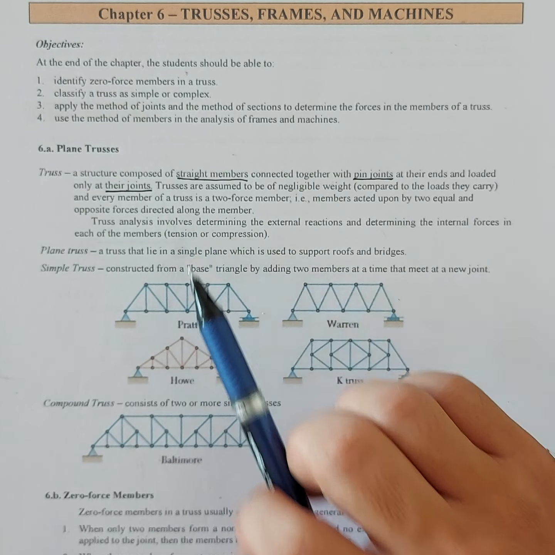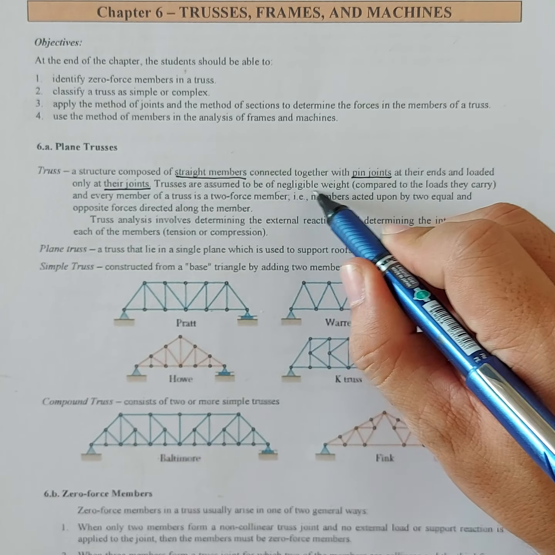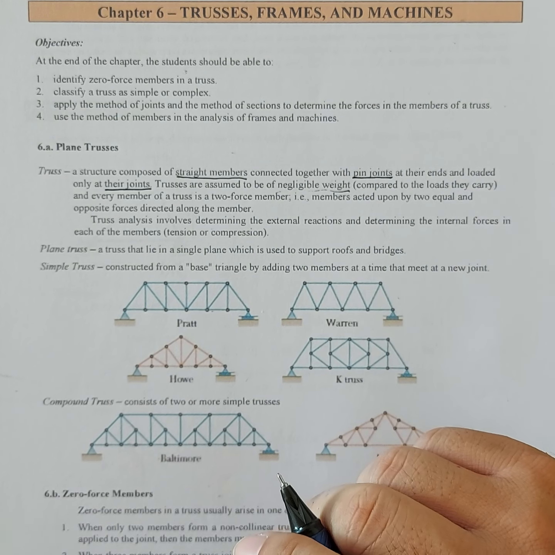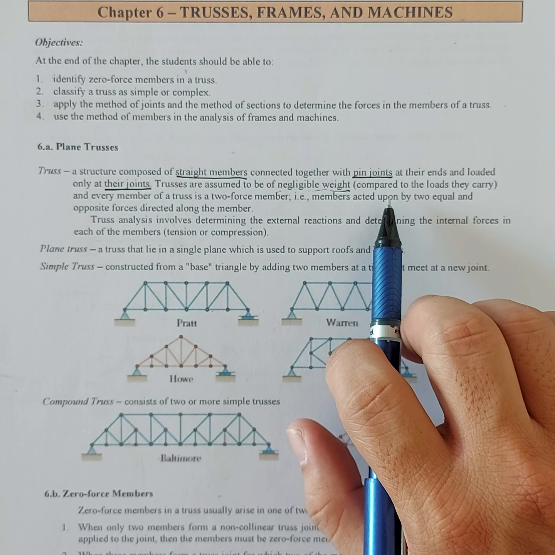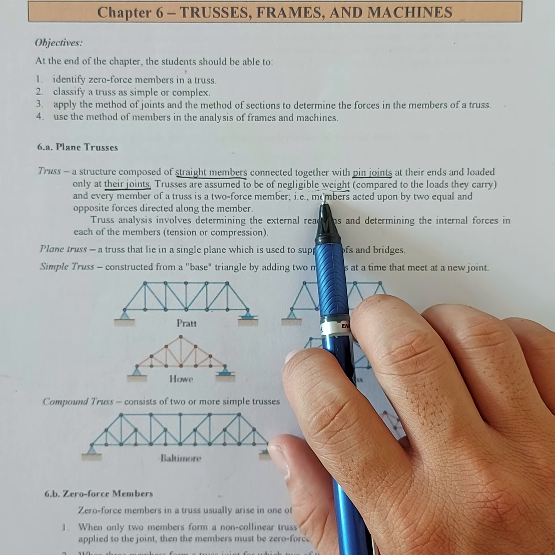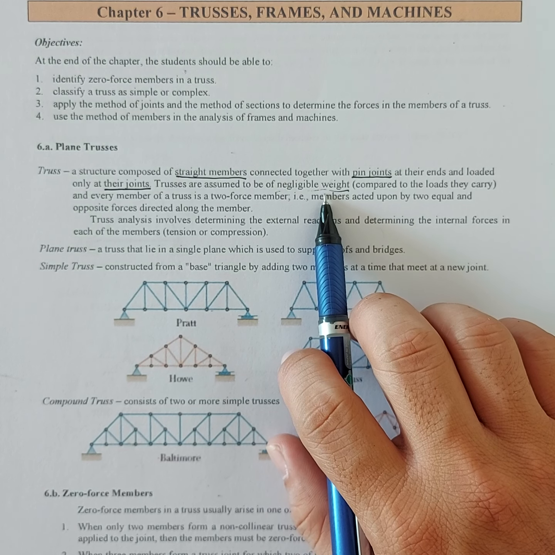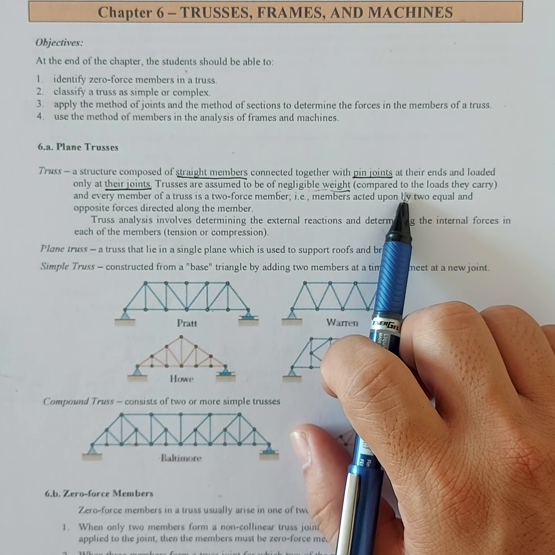So trusses are assumed to be of negligible weight compared to the loads they carry. If you compare the loads carried by the truss and the weight of the members, the weight of the truss is negligible. It is very small compared to the loads carried.